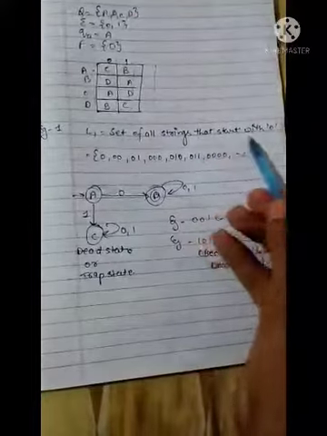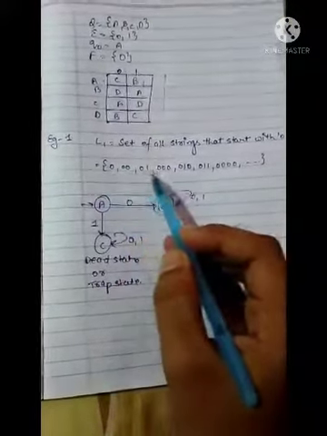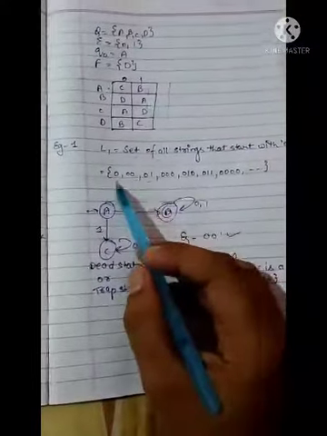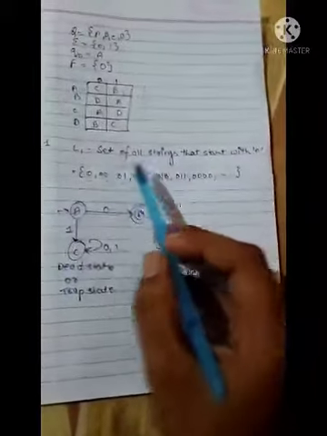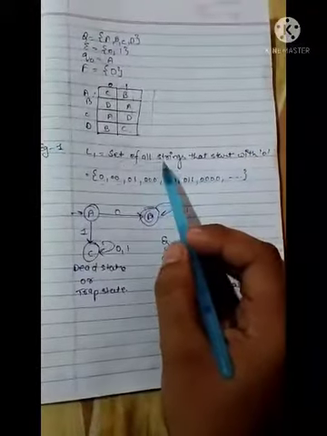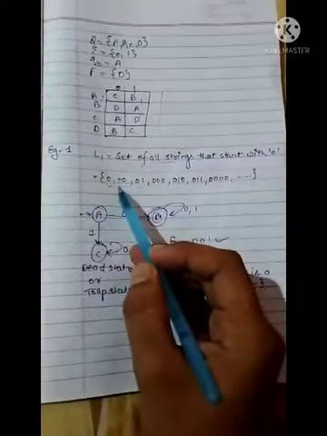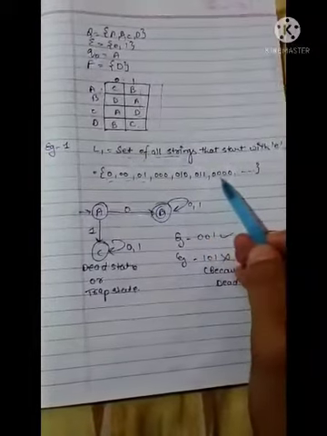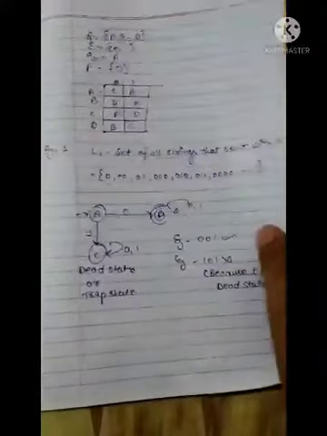The question says, set of all strings that start only with 0. So 0, 00, 01, 000, 001, and so on.